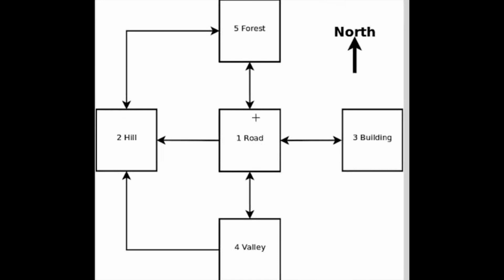Vinod, actually we have to find out different navigations to different places, like from road to building or forest or hill? What is the question actually? The question is, this is the map, and I want to create a game using Java to navigate through this map.